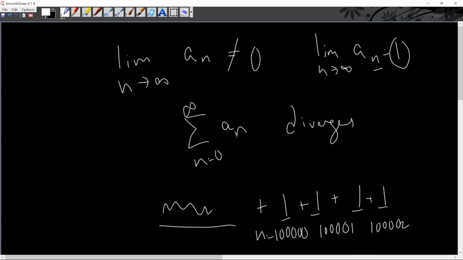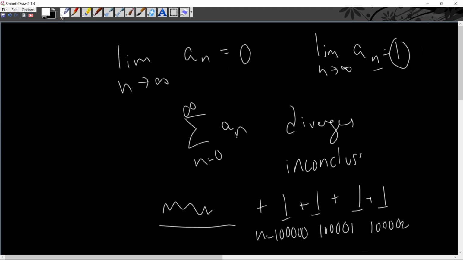Relatively solid as an idea, but because it's so, dare I say, simple, it is usually not the end all be all. If the limit does equal 0, then this test is inconclusive.